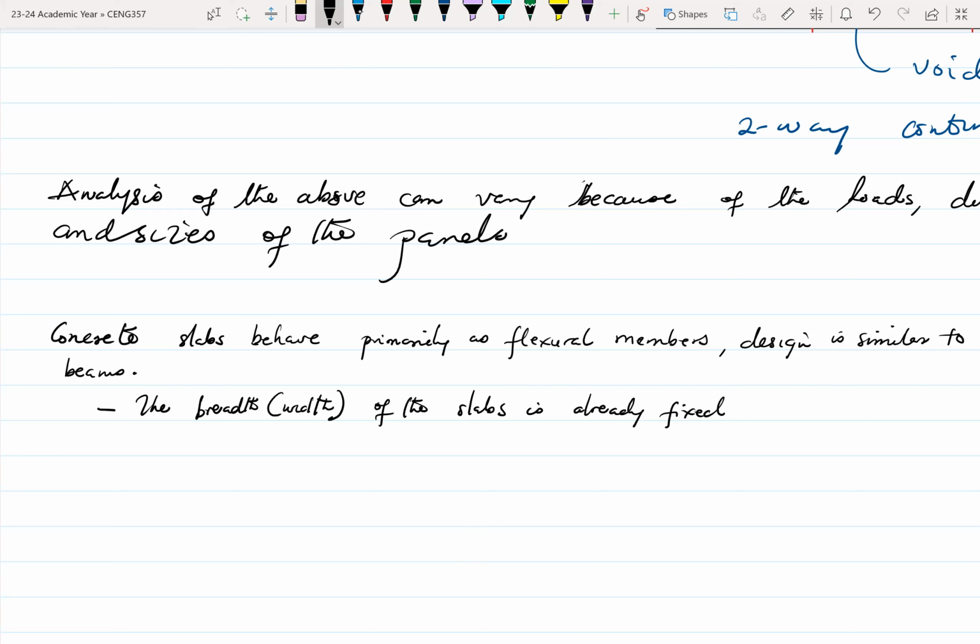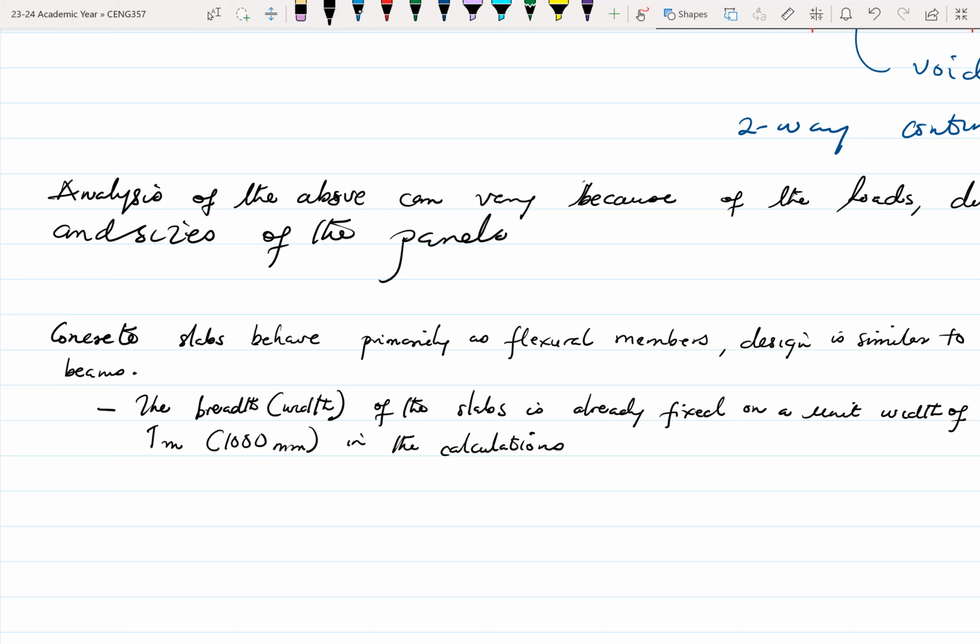All right. The 1 meter is 1,000 millimeters. Okay. So pretty much everything that we design or calculate is to a meter length, width of the slab. Okay.